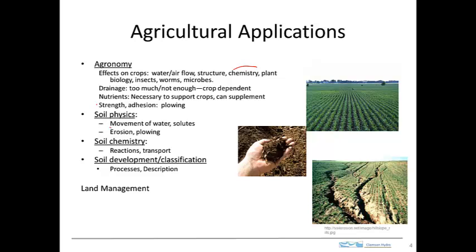And soil chemistry, that's a subdiscipline that looks at chemical reactions and transport of compounds, nutrients, for example, and it has a variety of applications, but it was primarily motivated because of applications in agronomy. And then also soil development and classification.